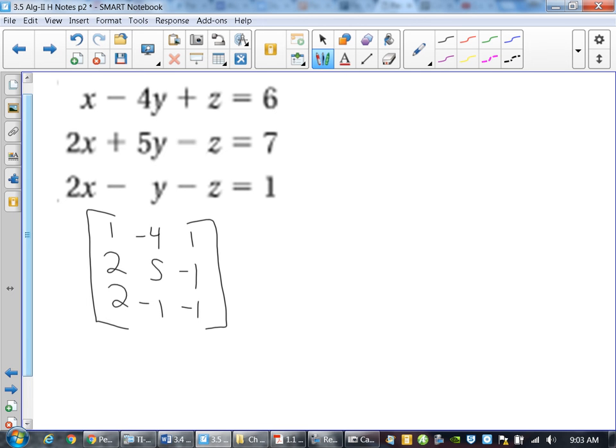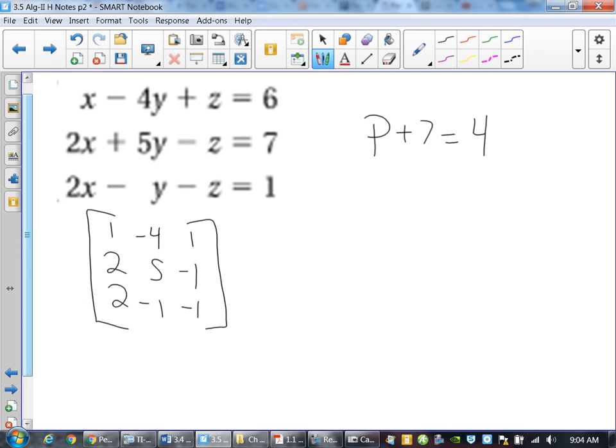What you can do then, let me ask you this. When you are solving a one-step equation, what's the operation called when you try to undo something? You guys remember what that's called?